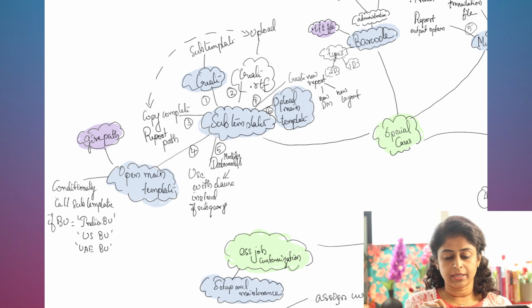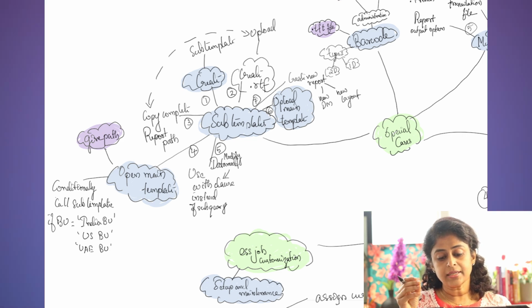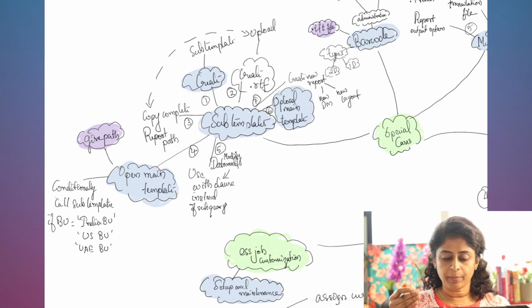Subtemplates for reusability. Subtemplates help maintain consistency across multiple reports. They are great for headers, footers and branding elements. How to use subtemplates? Create a subtemplate in an RTF format. Upload it to the BI Publisher library. Copy the report path.